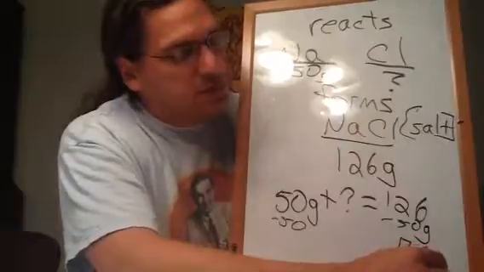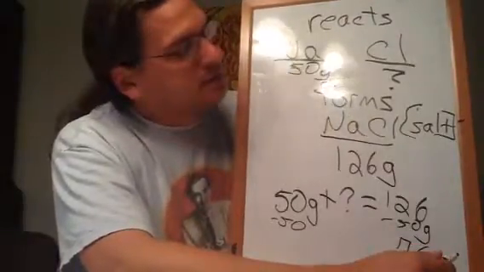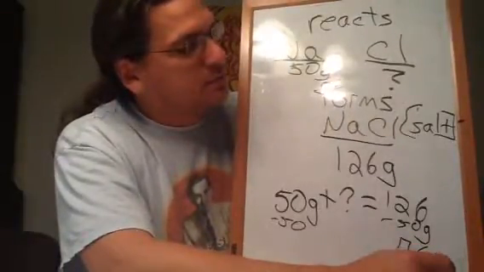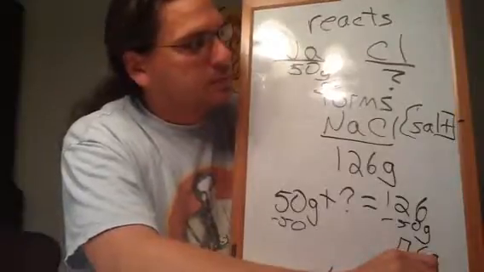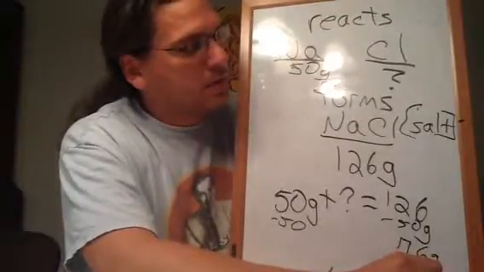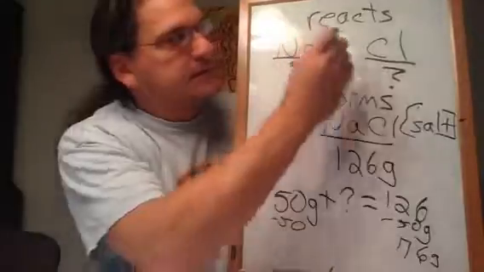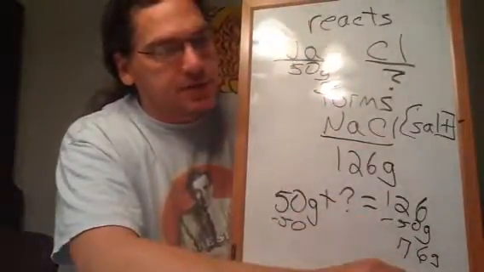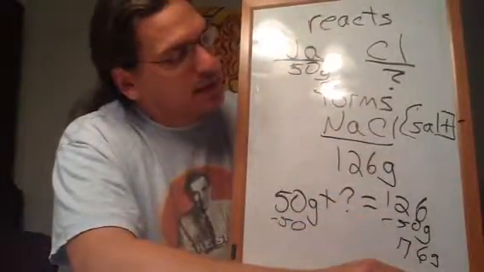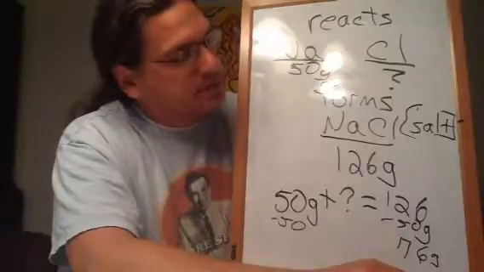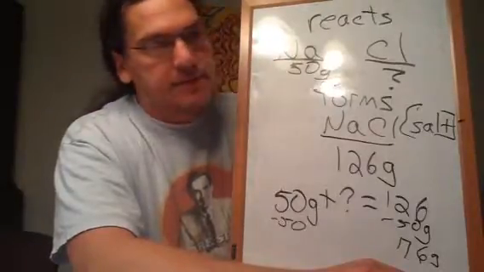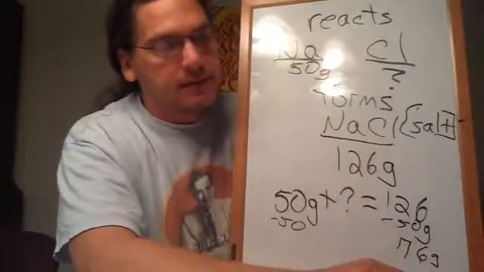So the answer to this question would be 76 grams of chlorine. Okay. So again, if it says it reacts, you know that's the reactant side. If it says form or makes or creates or whatever it says, then you know that that has to be the product side.